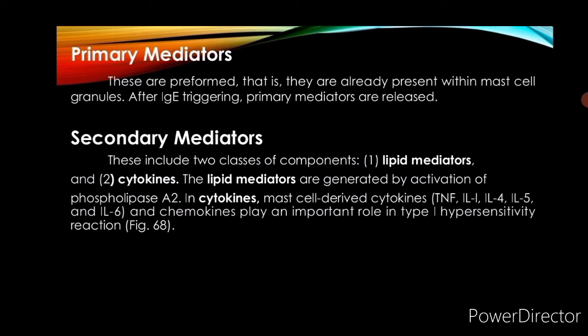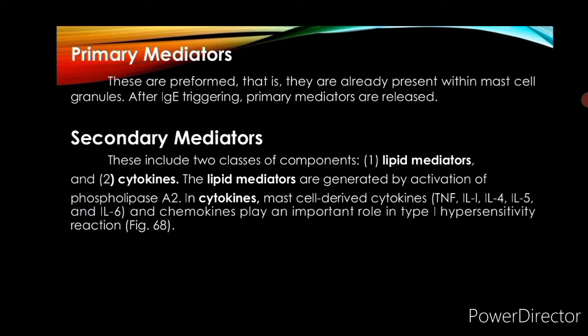Adenosine, which promotes bronchoconstriction and inhibits platelet aggregation, and neutrophil and eosinophil chemotactic factors are two more rapidly released mediators. Heparin and neutral proteases are only a few of the mediators found in the granule matrix.